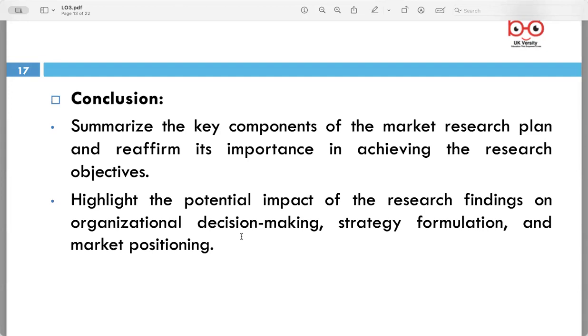The potential impact of the research findings on organizational decision making, strategy formulation, and market positioning is highlighted, emphasizing the significance of the research plan and its implications. Stakeholders are reminded of the value of thorough market research in driving business success.